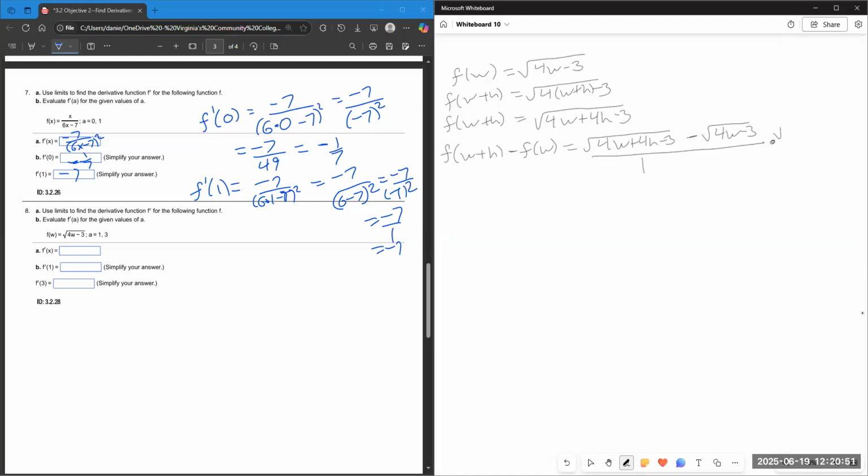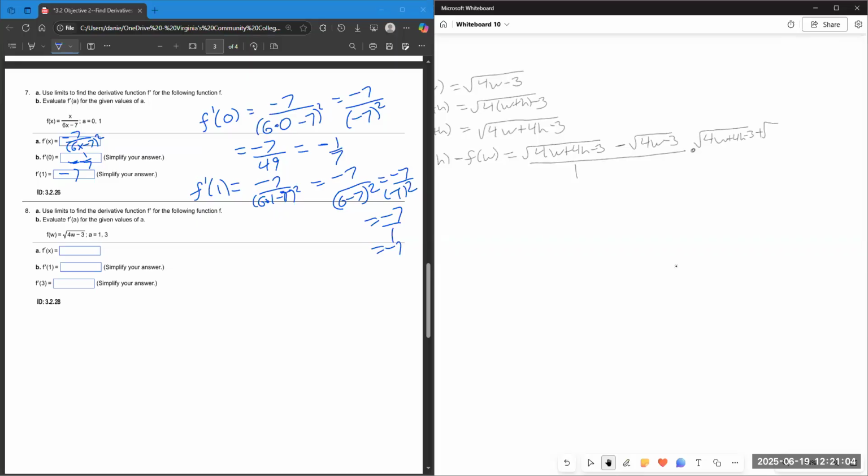Multiply by the conjugate of this, root 4w plus 4h minus 3 plus root 4w minus 3, over root 4w plus 4h minus 3 plus root 4w minus 3.